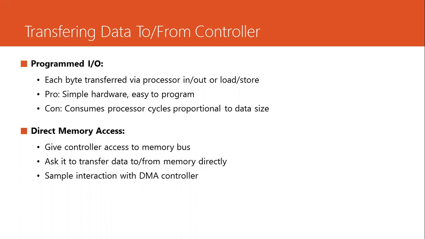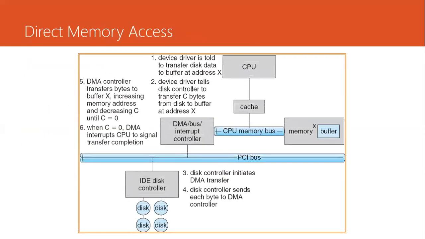Let's see a sample interaction with the DMA controller. The device driver is directed by the processor to request the disk to transfer the data to the buffer at location X in the DRAM.